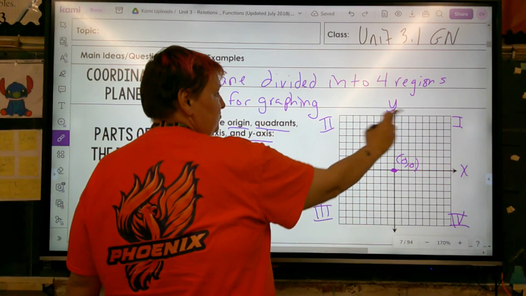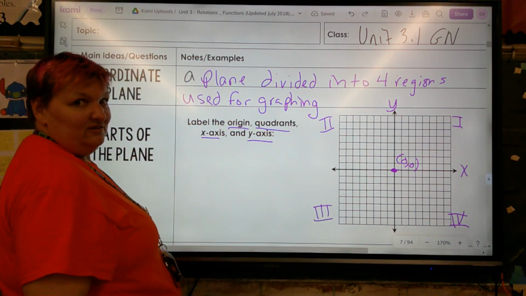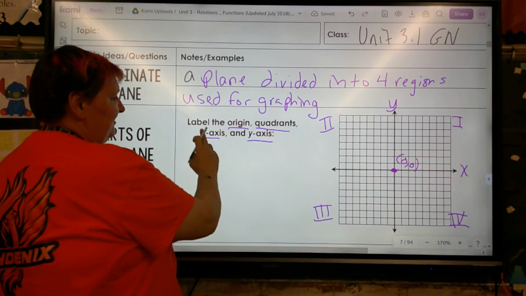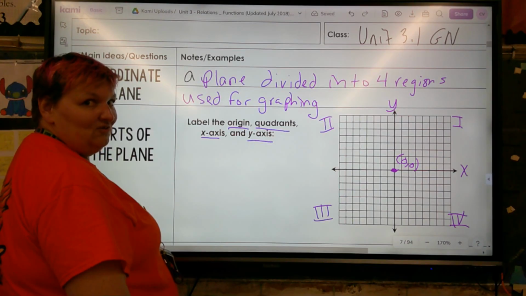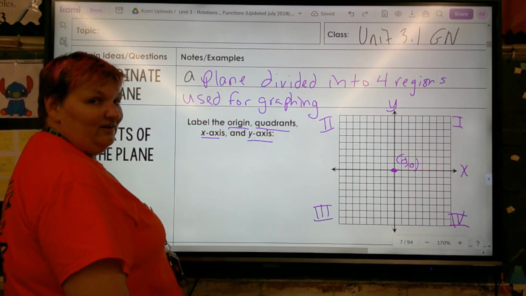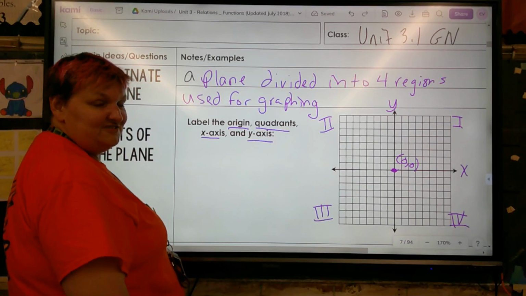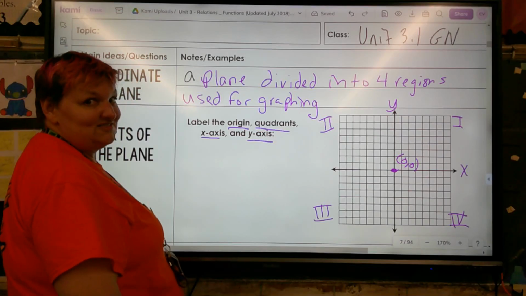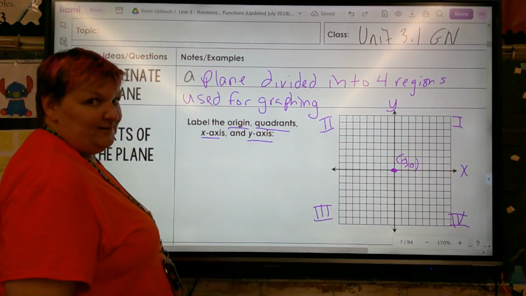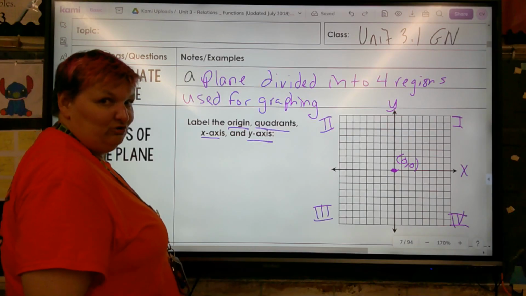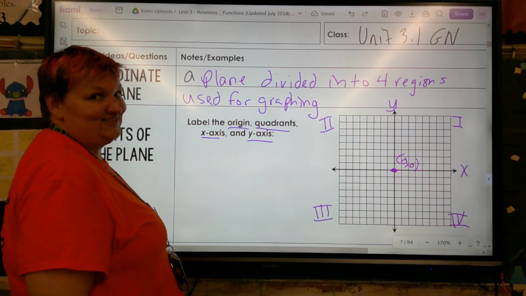The 4 quadrants, 1, 2, 3, 4. Labeled with Roman numerals. Your x-axis is your horizontal axis. Horizontal, that's the word. If the question says which axis is horizontal, you need to be able to tell me that's the x-axis. And the y-axis is vertical. Same thing. If it says which one is vertical, you need to be able to tell me it's the y-axis.